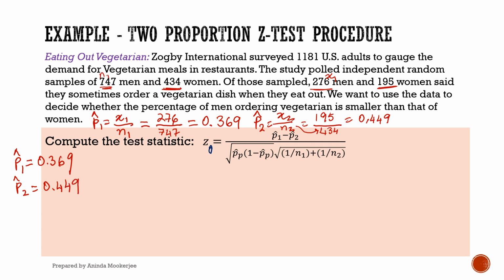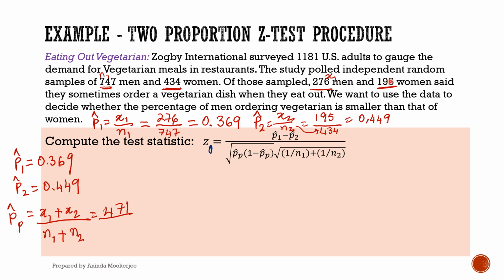We have to then find p hat sub p. So what is p hat sub p? P hat sub p is x1 plus x2 divided by n sub 1 plus n sub 2. So x sub 1 plus x sub 2 is 276 plus 195, so that's 471.